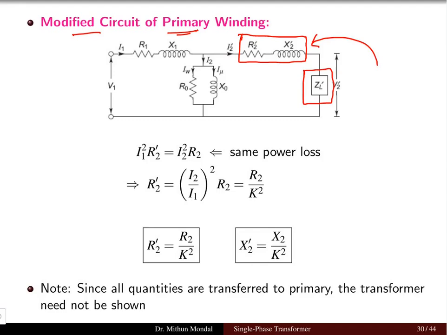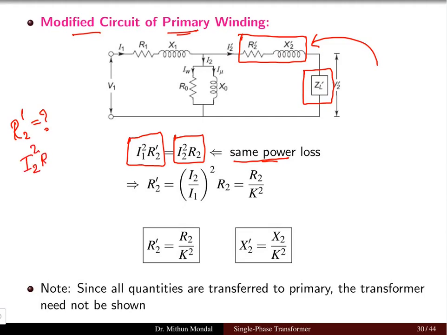This can be done considering that the same power loss has to be there in whatever is there in the secondary winding, that is I2 square R2. This has to be equal to I1 square R2 dash. So we need to find what is the value of R2 dash that will give the same power loss as when it was in the secondary part.